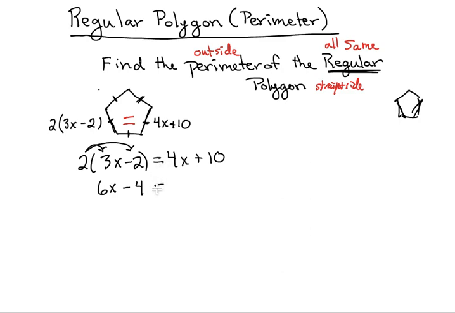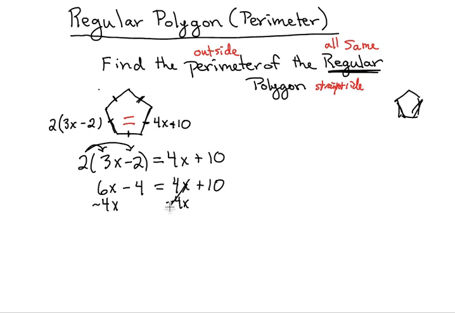Bring down the equals in the middle, and we haven't done anything to the right, so bring it on down. Now we're going to get our x's together on one side, so I could either subtract 6x from both sides, or subtract 4x from both sides. I think I'll do minus 4x because it'll be a positive 2x. The other way will give me a negative 2x, and it's just a little bit more complicated.